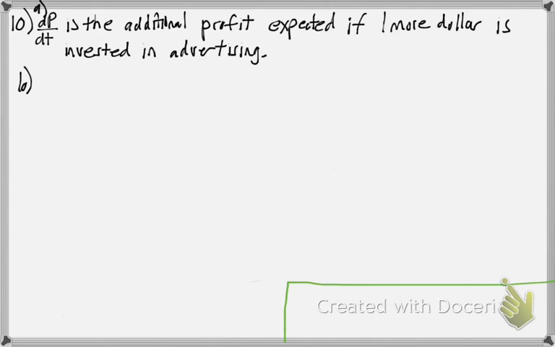Part B says, if the marginal profit is positive, should you invest more or less money in advertising, and explain? You would actually want to invest more.